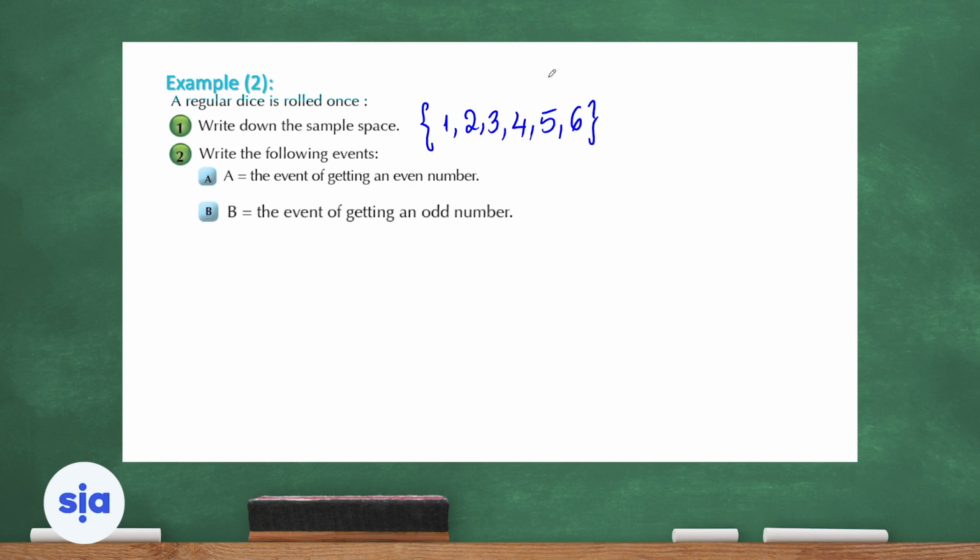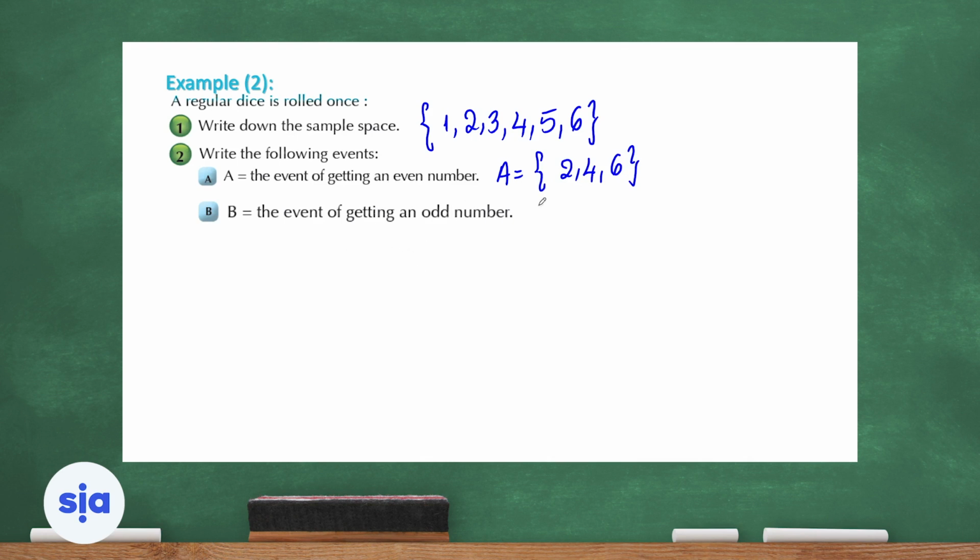Question 2 is asking us to write down the following events. A is the event of getting an even number. So A, what are the even numbers? Excellent. It's 2, 4, and 6. B is the event of getting an odd number.